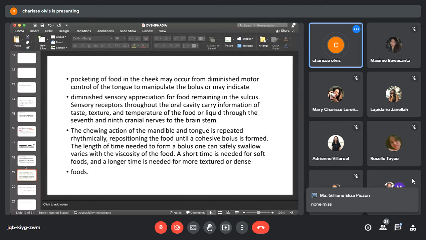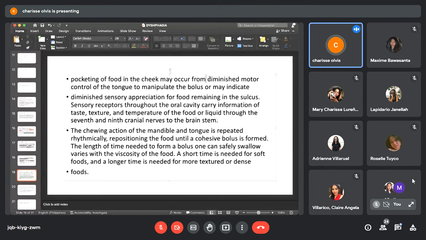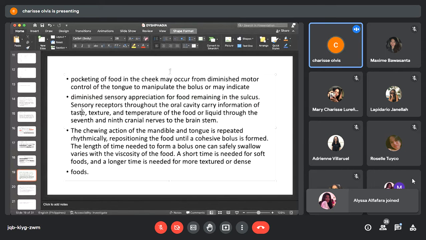Okay, let's proceed. So that is what I discussed. Pocketing of food in the cheek may occur if there's diminished motor control of the tongue to manipulate the bolus. Pocketing may also indicate a diminished sensory appreciation of food remaining in the sulcus. Okay?